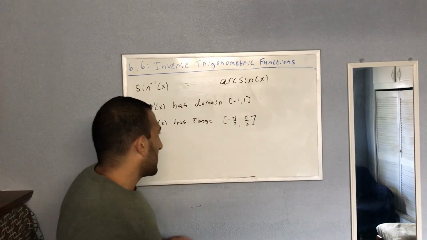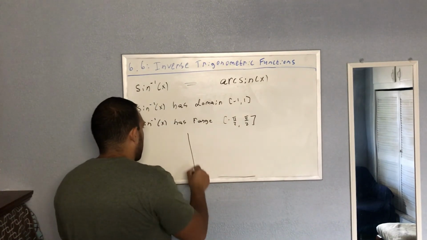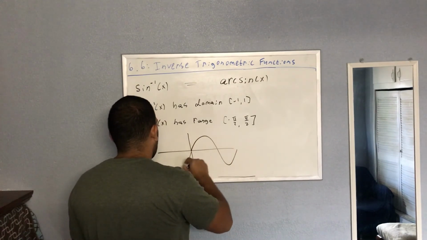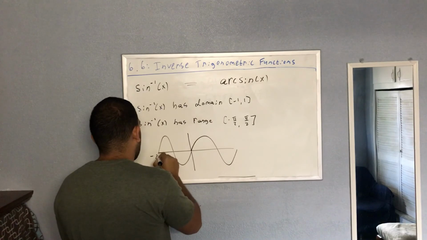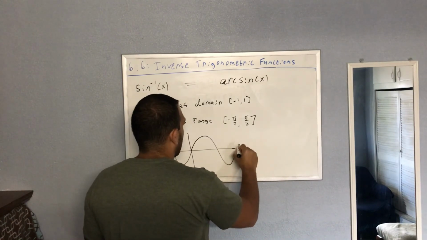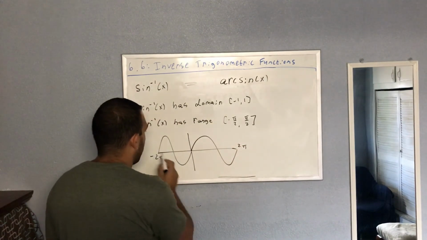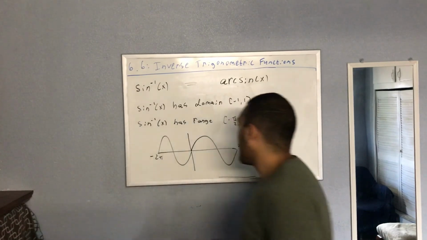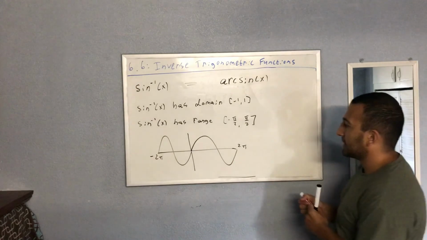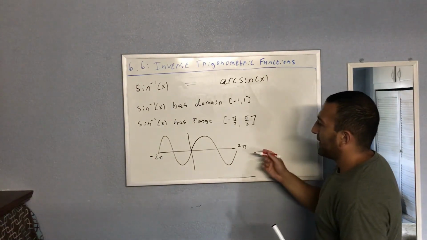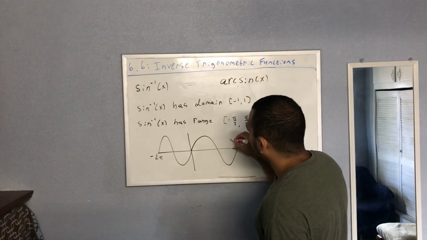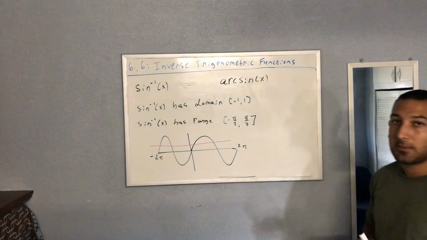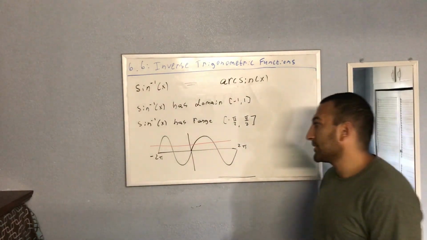And remember, the reason we did this is because normally sine is not 1 to 1. If you look at it from -2π up to +2π, it fails the horizontal line test very badly. This is sine x. So it's not 1 to 1, meaning we can't find its inverse.